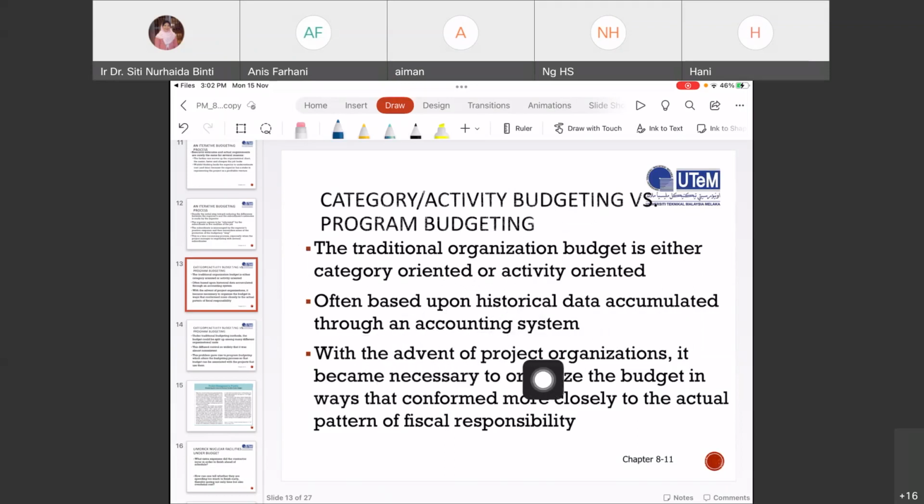With the advent of project organizations, it became necessary to organize the budget in ways that conform more closely to the actual pattern of fiscal responsibility.